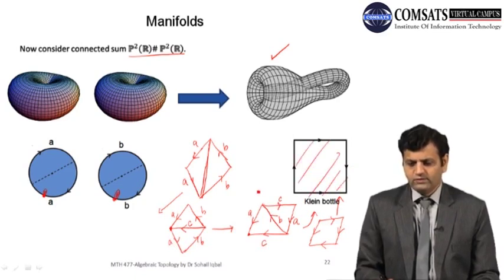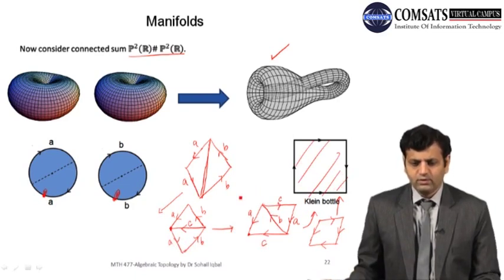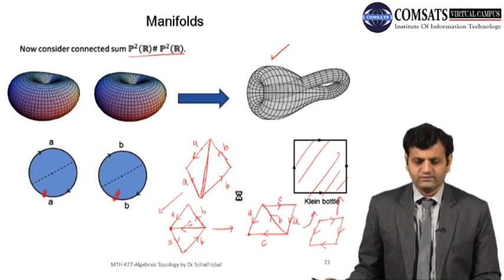Okay, so that's how we obtain a Klein bottle, by taking the connected sum of two real projective planes.